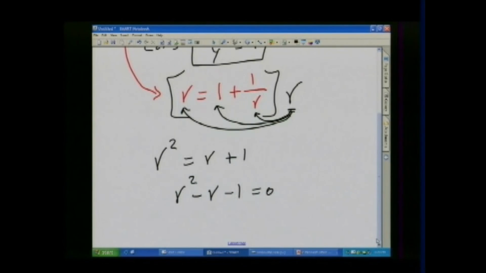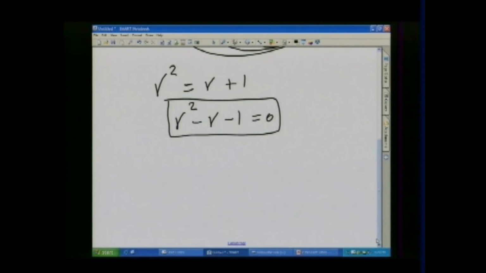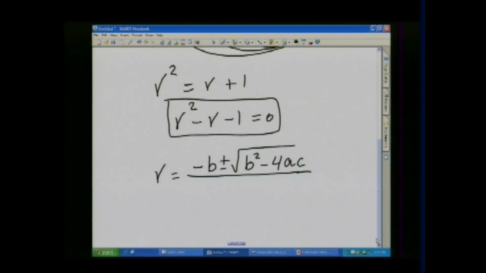To solve this quadratic equation for r, I'm going to use the quadratic formula, which basically tells me r is equal to minus b plus or minus square root of b squared minus 4ac, divided by 2a. Again, a, b, and c are referring to the coefficient of r squared, the coefficient of r, and the constant, respectively.